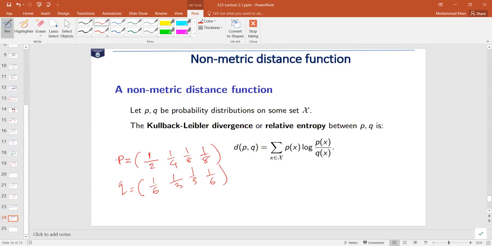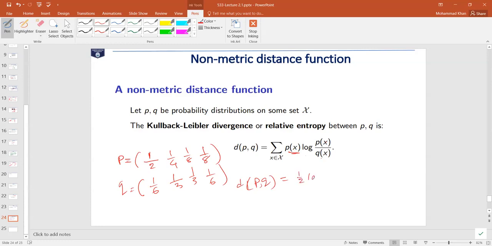Now, if you want to check the distance from P to Q for these two distributions, we'll do it this way. So Px log Px divided by Qx.